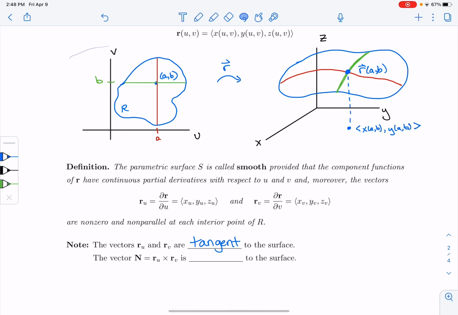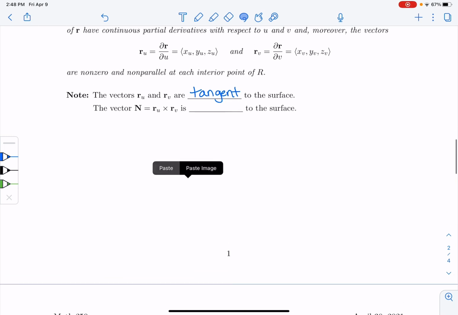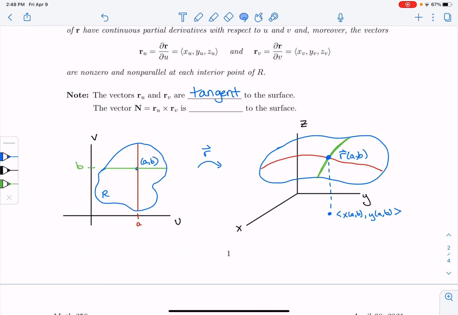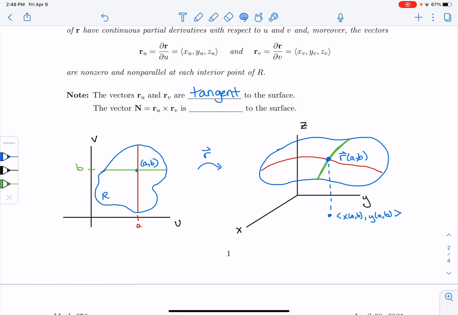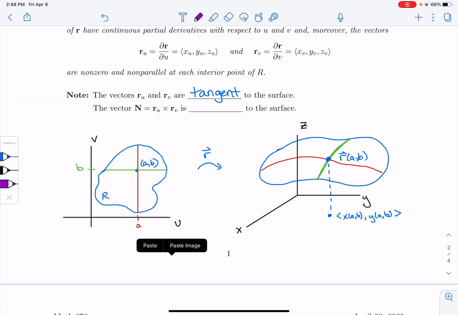So I'm going to draw these two direction vectors for you in the space below. Here, I'm going to have a tangent vector, and you can think about this as being just the tangent vector for the red curve r of a, v.